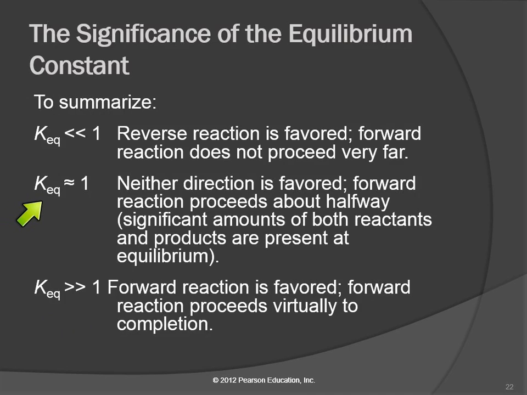When the equilibrium constant is close to 1, and close to 1 in these terms would probably be between 0.1 and 10, as opposed to 10 to the 5th or something, that means that neither direction is really favored, and you end up with reasonable amounts of reactants and products. So you have significant amounts of both reactants and products.